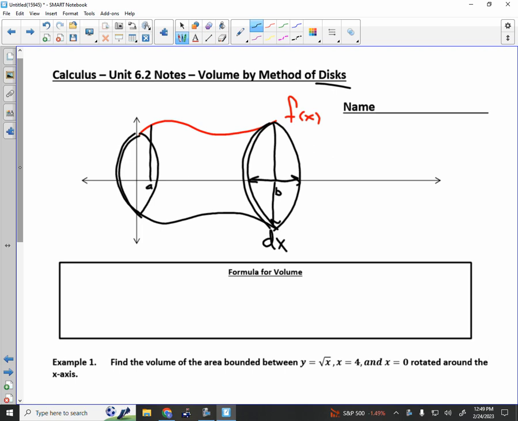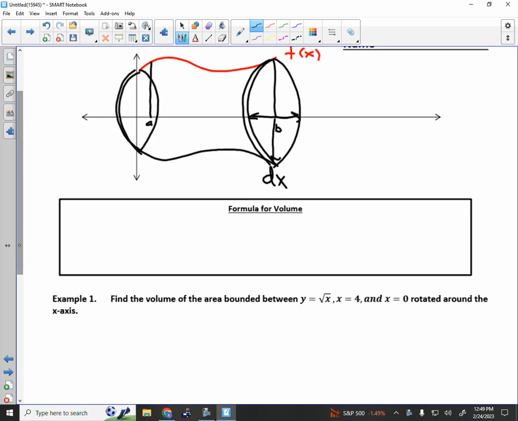So if I want to find the volume of this one slice at the end, I take dx times the area. This makes the shape of a circle. What's the formula for area of a circle? Pi r squared.